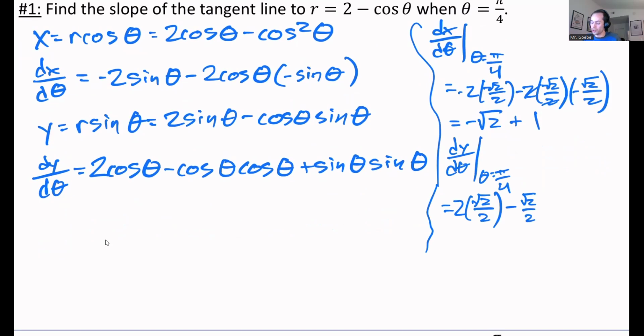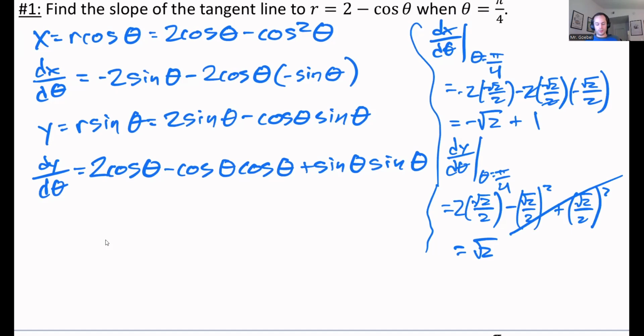It's really √2 over 2 squared, because it's cosine cosine. And this is also √2 over 2 squared because it's sine theta sine theta. Those are just going to cancel each other out. You end up with just a √2 here.